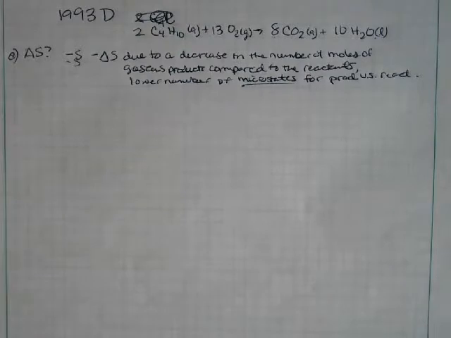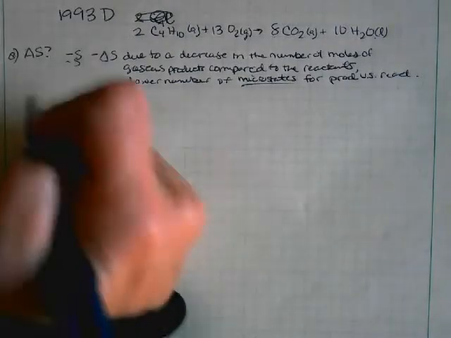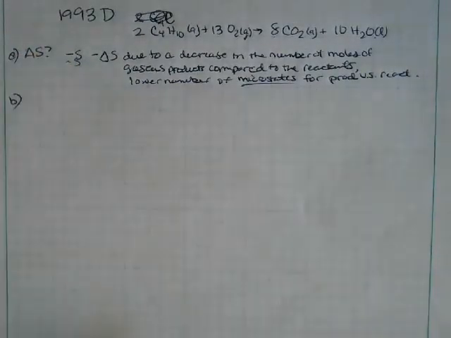Okay, so B. It says, what is the sign of delta G for the reaction? How would the sign and magnitude of delta G be affected by an increase of temperature to 50 degrees? Explain your answer.